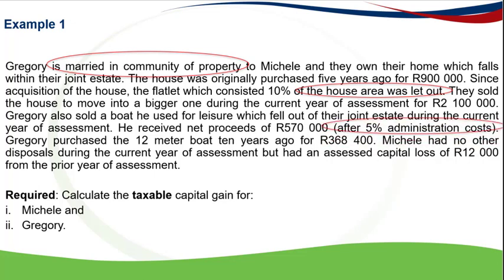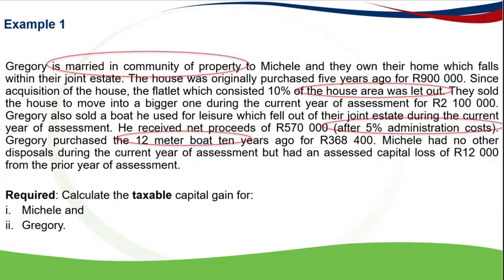Thirdly, Gregory received net proceeds after a 5% administration cost was deducted. This needs to be carefully considered when determining the proceeds. Fourthly, Gregory disposed of a boat with a length exceeding 10 meters.